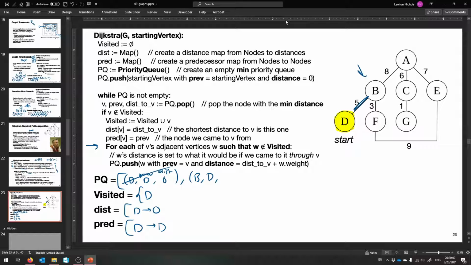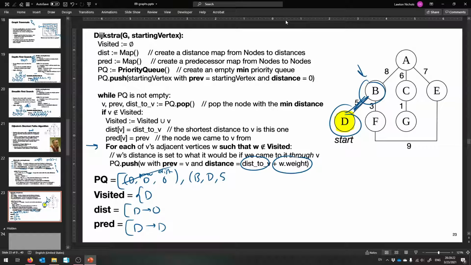And then the distance that we're going to add to this node in the priority queue is whatever the distance to the node that we came from, this current one, plus the weight of this edge. Okay? So it's saying the distance to this node, our best guess for it, is the distance to where we just started plus the edge weight.